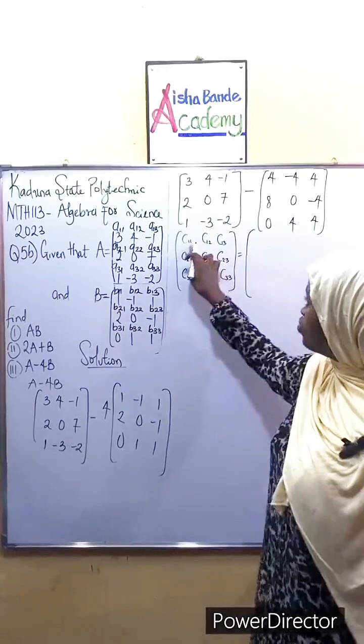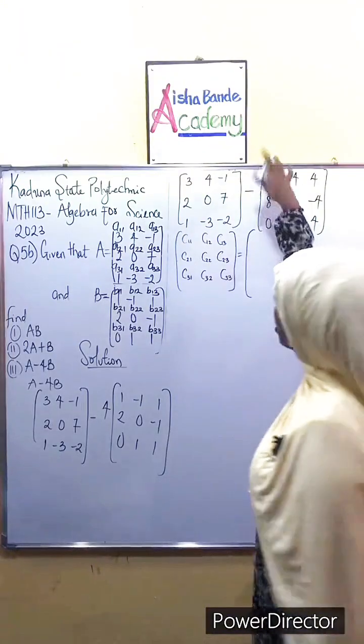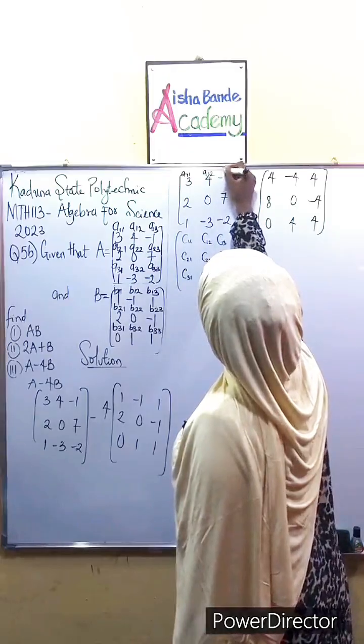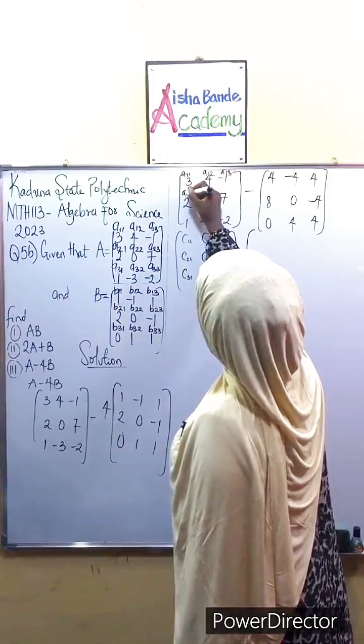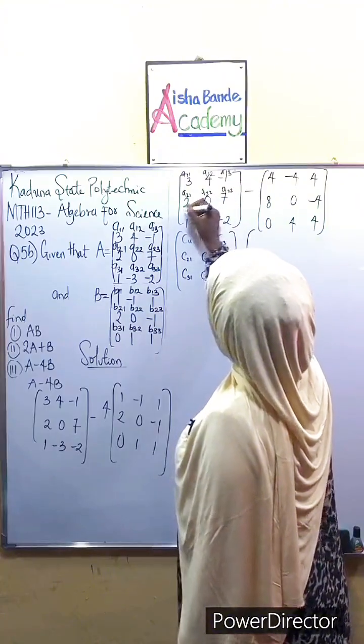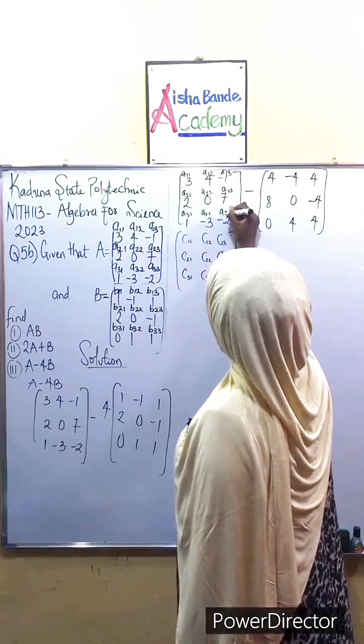so for us to get C11, before that, let's label this just the way we did for the first one. So this is A11, A12, A13, A21, A22, A23, then A31, A32, A33.